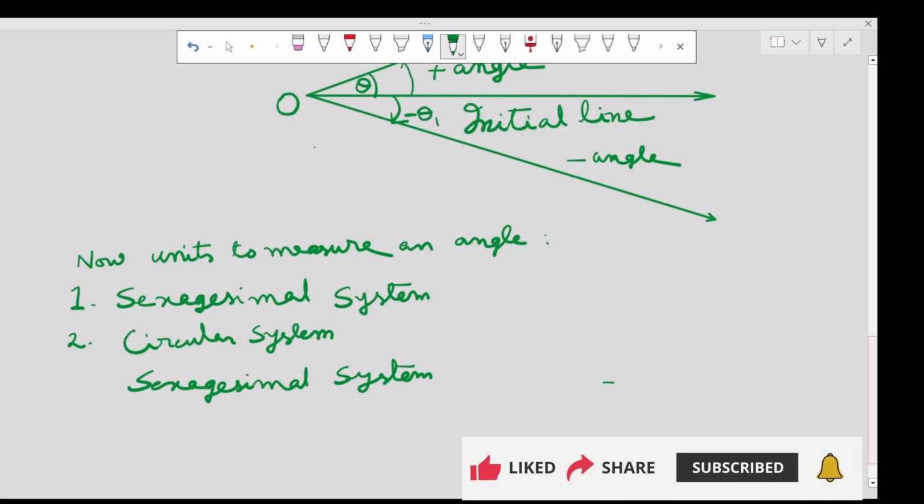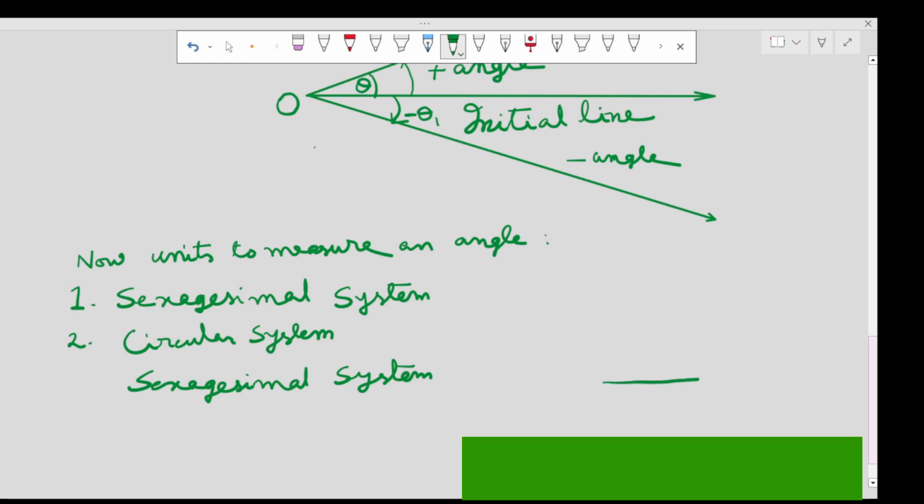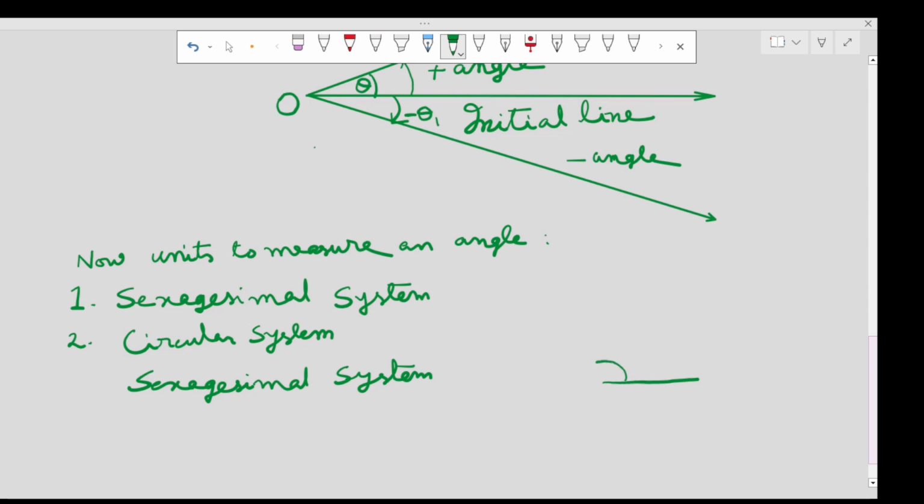In geometry, the measure of one complete angle. Here is O, A, here is B, 360 degree. Actually, the main thing is this is called a complete angle.